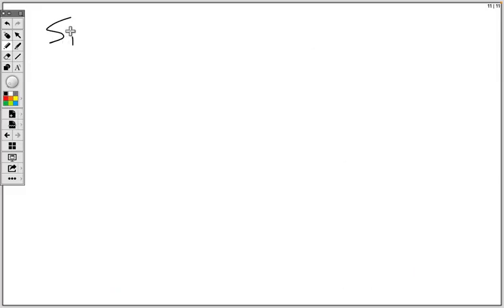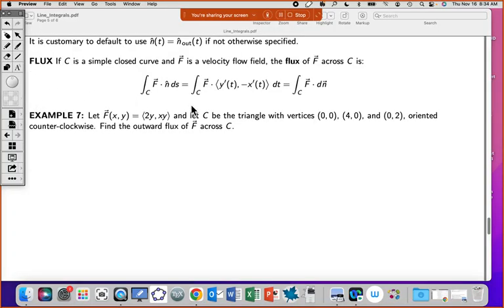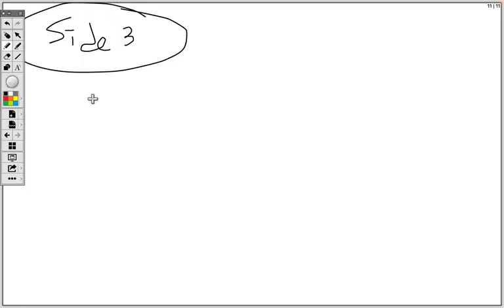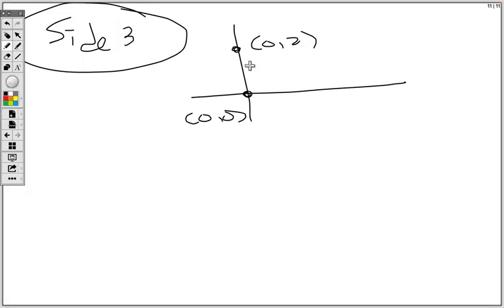All right, now we've got to go to side 3. Side 3, we're going from (0, 2) down to (0, 0). So we're coming down that way. So my r of t here, we're starting at x equals 0, ending at x equals 0.